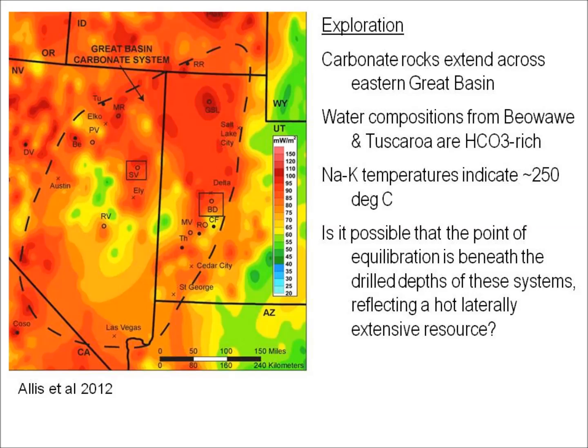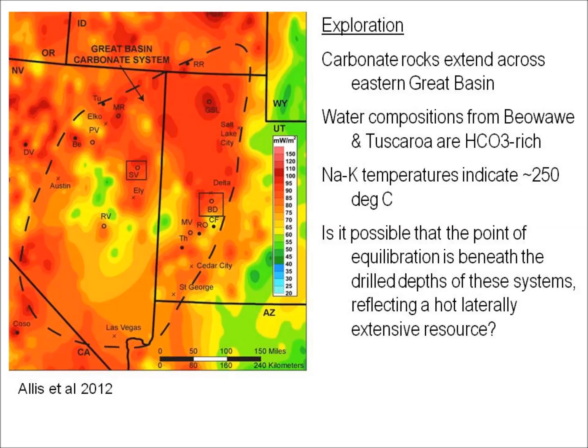These are just inside the limit of this distribution of limestone and carbonates. These are intermediate temperature geothermal systems. They've had long-lived production, and they produce bicarbonate waters. Tuscarora has limestones in the drilled parts of the reservoir, but at Beowawe there are only siliciclastics. The only source for that bicarbonate has to be an underlying carbonate rock.